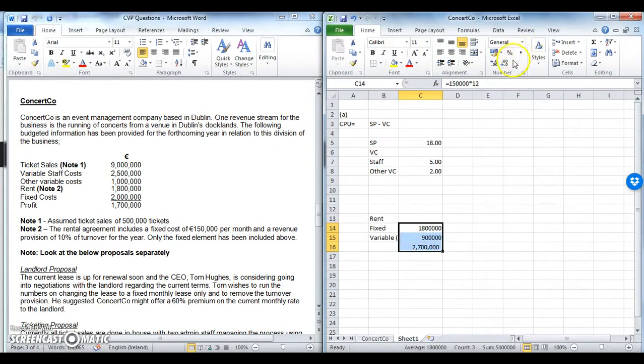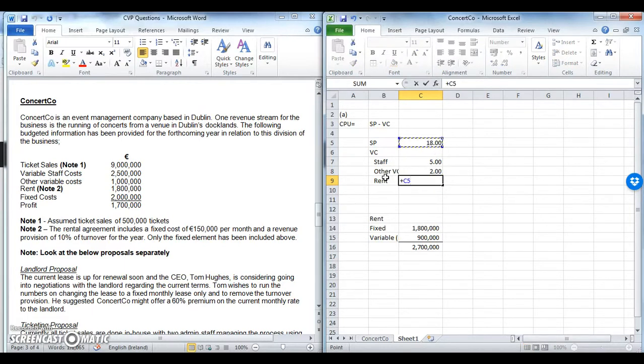If you didn't read the question fully, and particularly the notes, you would have missed that vital part. So now there's actually another variable cost here. You have staff, you have other variable costs, but you also have the rent. It's 10% of turnover, therefore per ticket it'll be 10% as well. For every ticket you sell, you're going to have a 1.80 euro cost for the rental agreement.